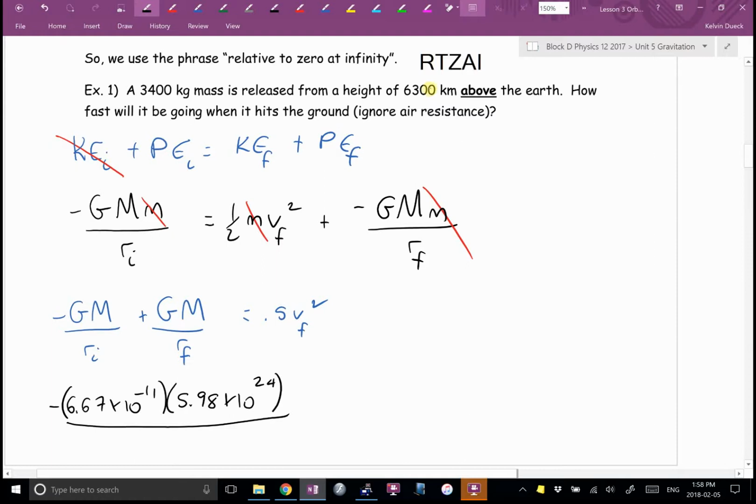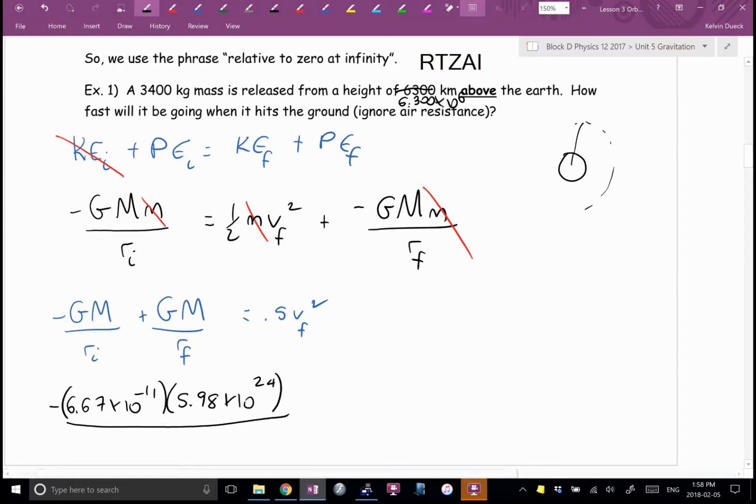First thing I should have said is nice try. 6.300 times 10 to the 6th, I think, if you multiply that by 1,000. Above. So this is not a radius that they gave me. If they had said a radius, that would be nicer. But the fact that they gave me the above, they gave me that distance, I need to add the radius of the Earth in.